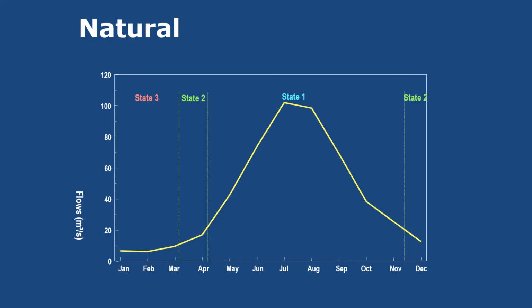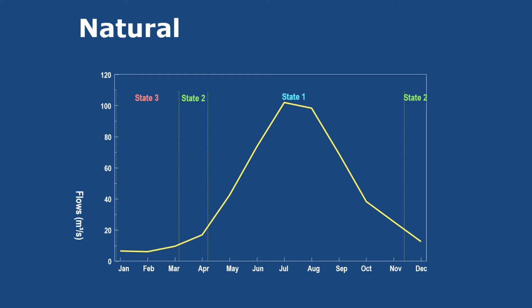So in our example, under the natural conditions, this is the flow range of the system. Flows, in cubic meters per second, varying from 0 to 100 here. And this is January, February, March, our months at the bottom, all the way to December.